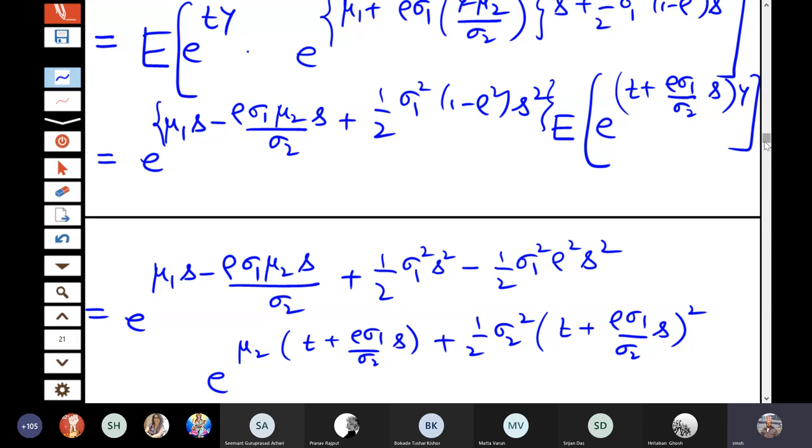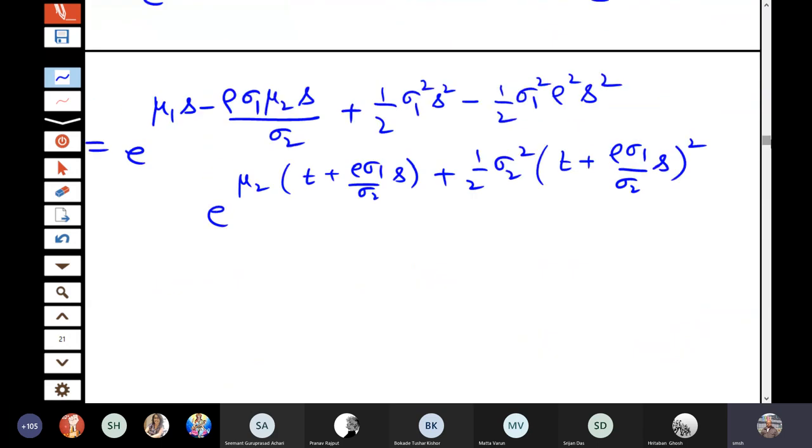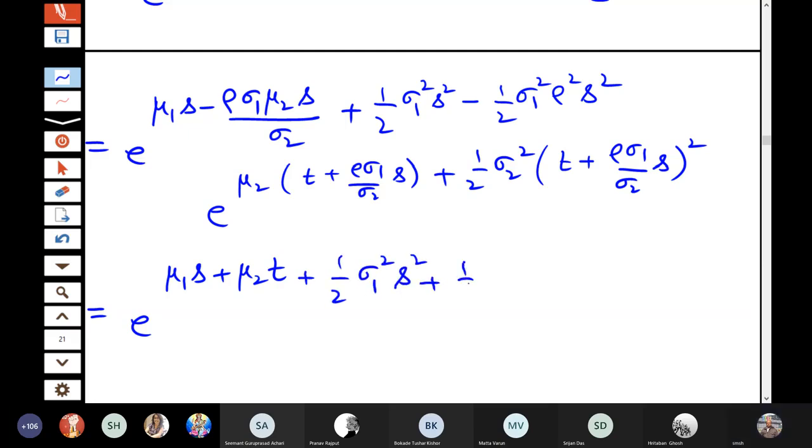So it's a matter of simplification now. E to the power mu1 s plus mu2 t plus half sigma 1 square s square plus half sigma 2 square t square. And let us look at other terms here.